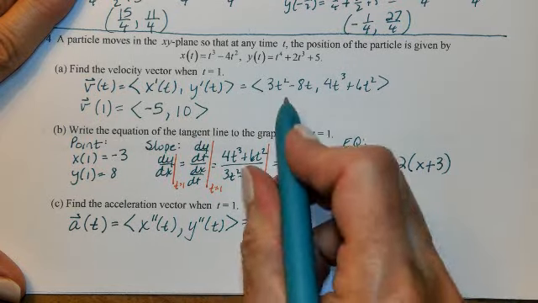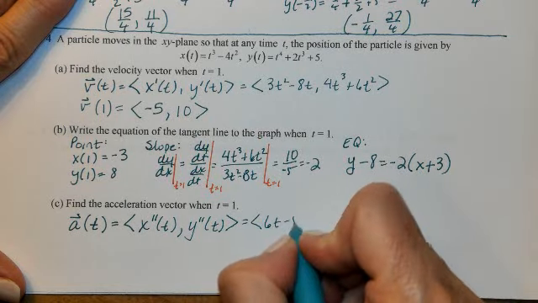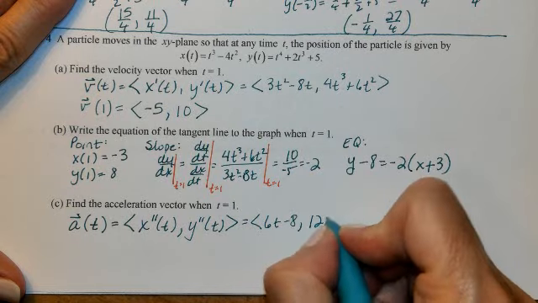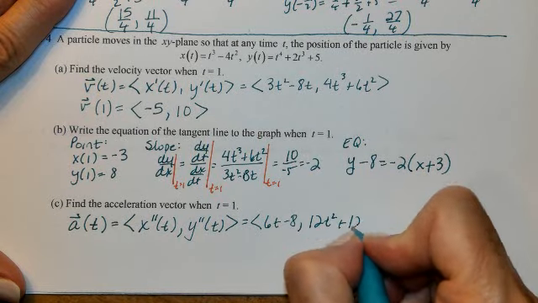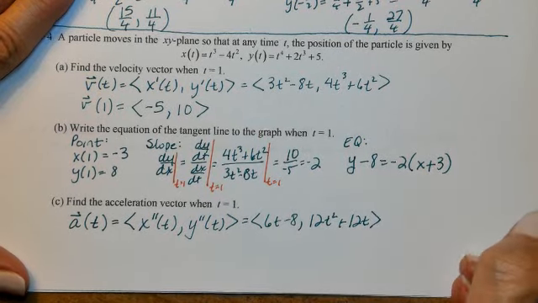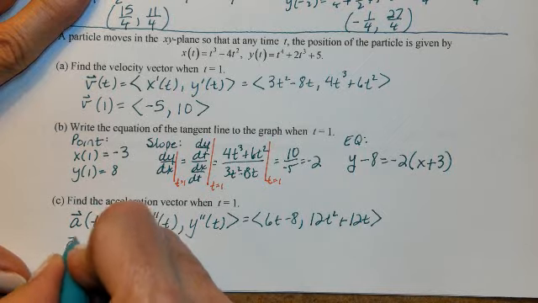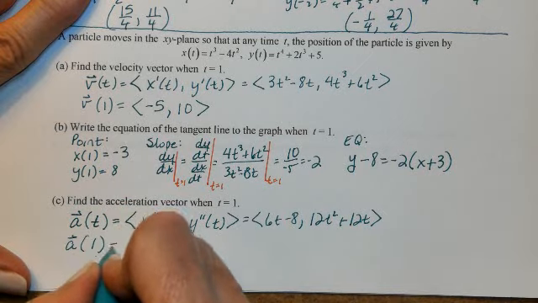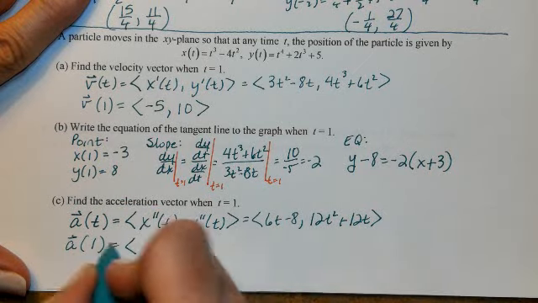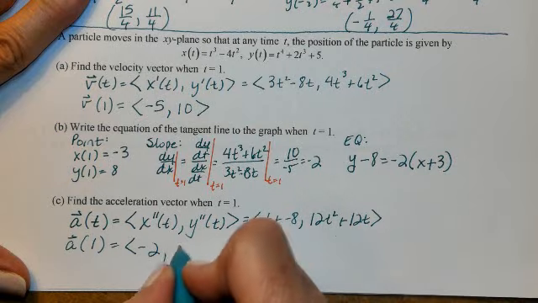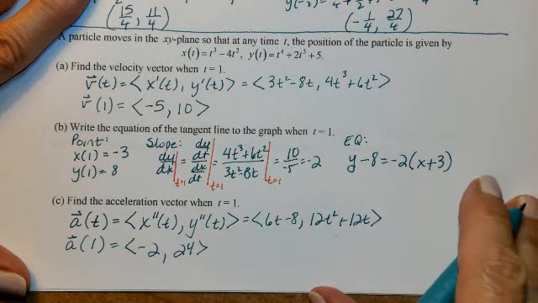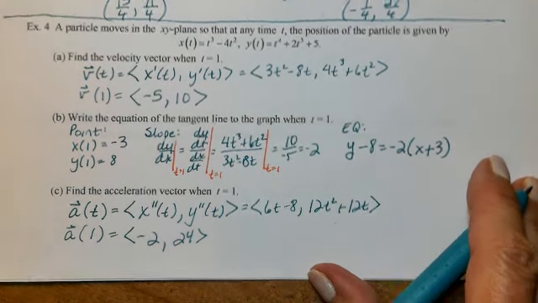So this is just 6t minus 8, 12t squared plus 12t, like that. So the acceleration at time 1 is the vector negative 2, 24. And that's it.